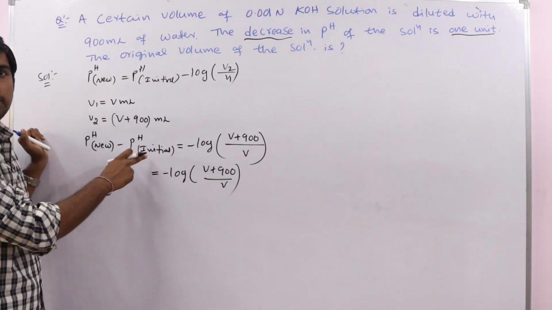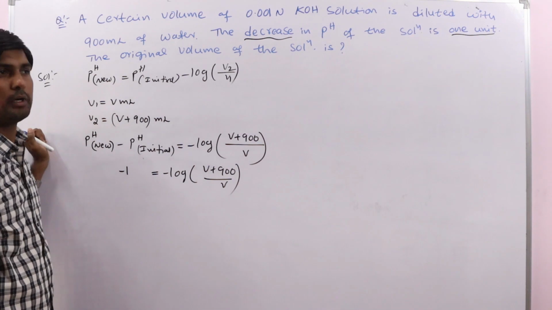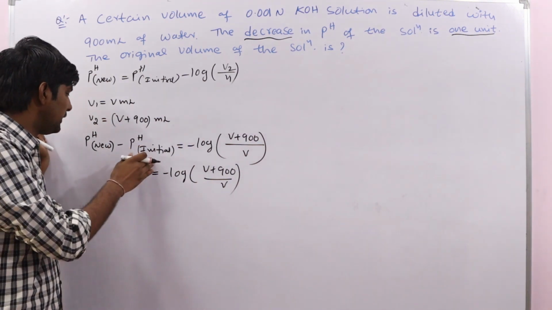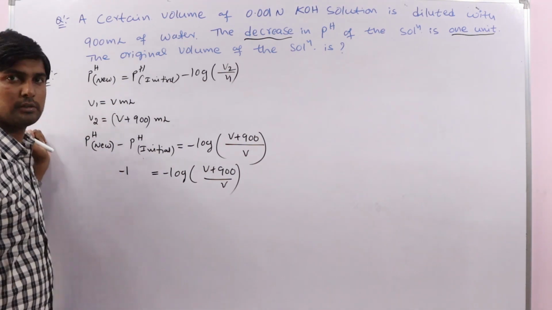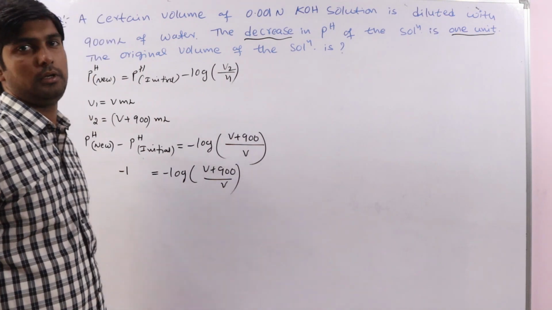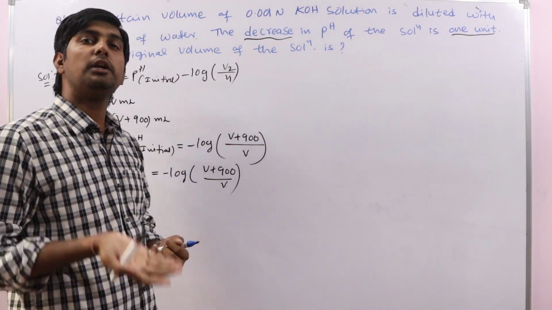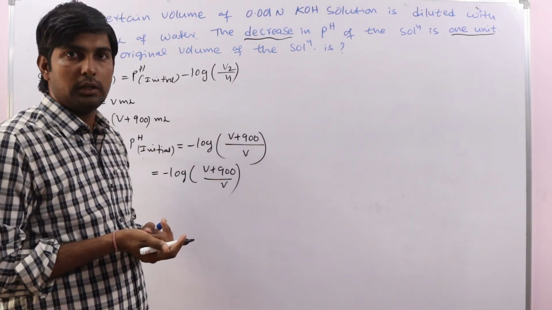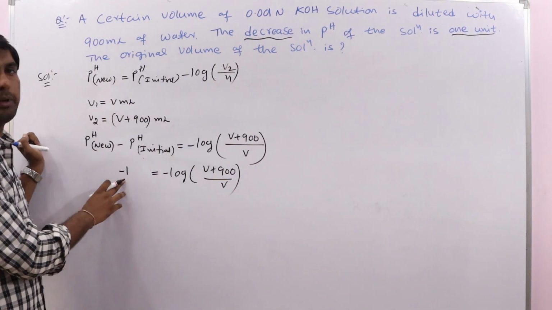Suppose initial pH is 8, new pH will be 7, and 7 minus 8 is minus 1. Suppose initial is 10, new pH will be 9, so 9 minus 10 is minus 1. It is given that the decrease in pH of the solution is 1 unit. Very, very important: if it is given that the increase in pH is by 1 unit, then here we get the difference as plus 1.